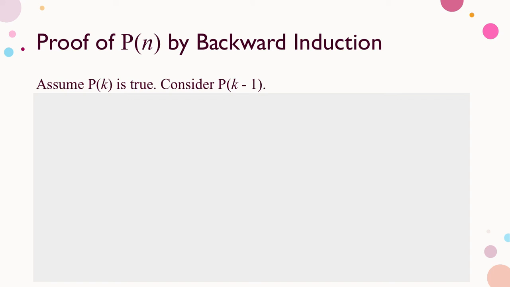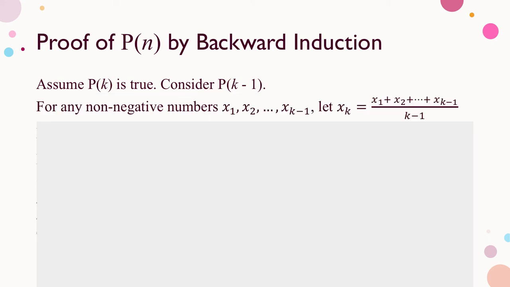For the first part, given any non-negative numbers x1, x2 up to x sub k minus 1, in order to use the assumption P of k, we construct a new term, that is xk, which is the AM of the given k minus 1 terms.